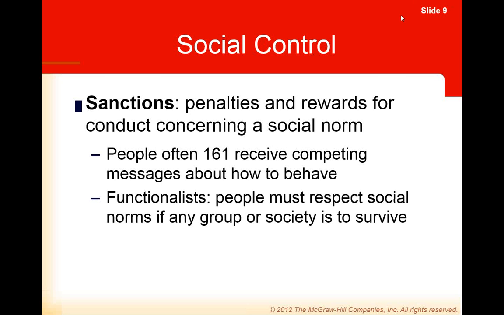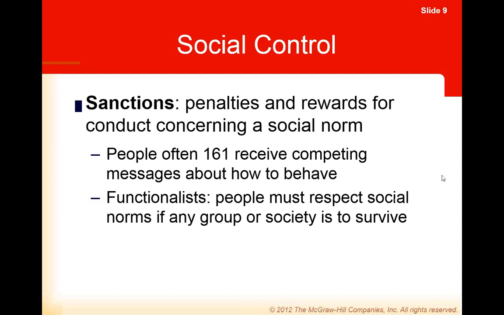Functionalists believe that people must respect social norms if any group or society is to survive. If we do not have a basic understanding of how to act, society becomes impossible because social interaction is governed by nothing.